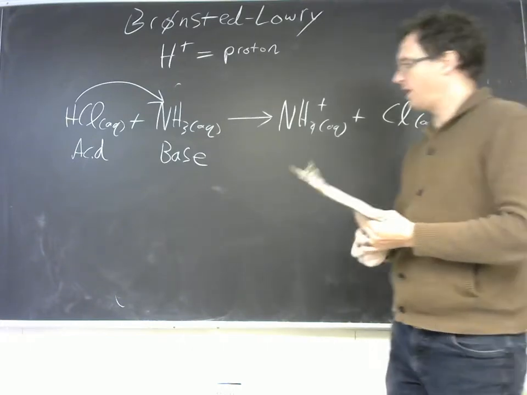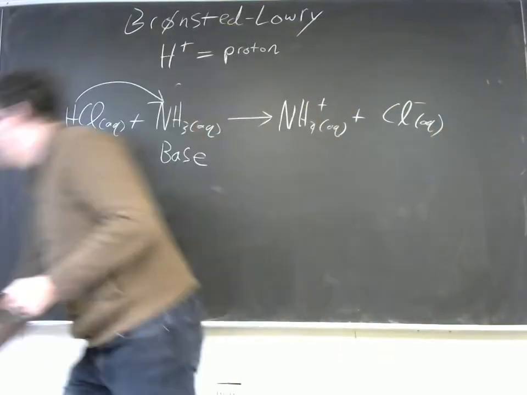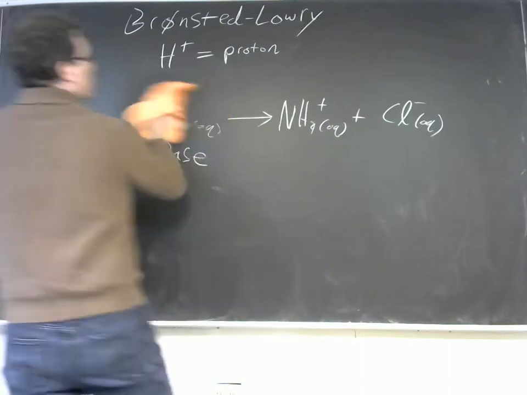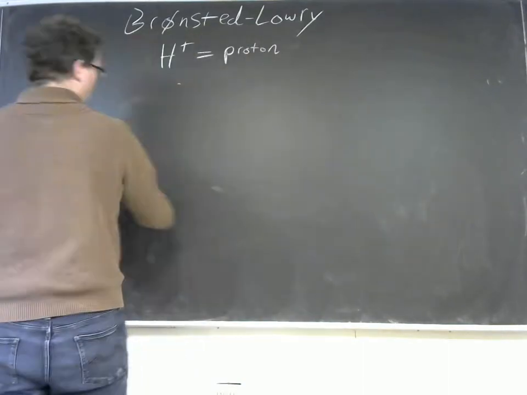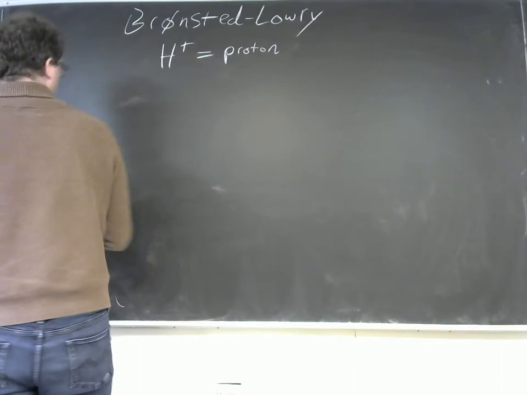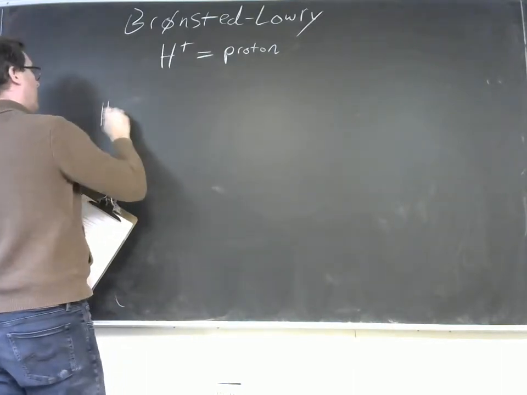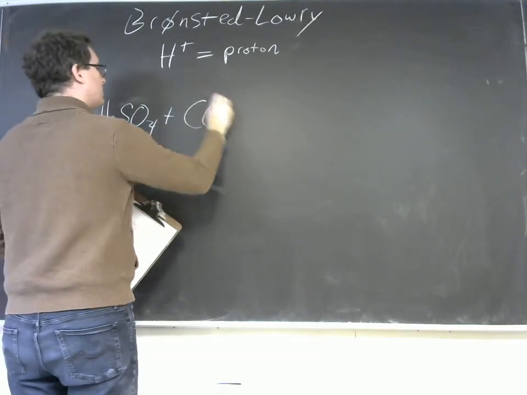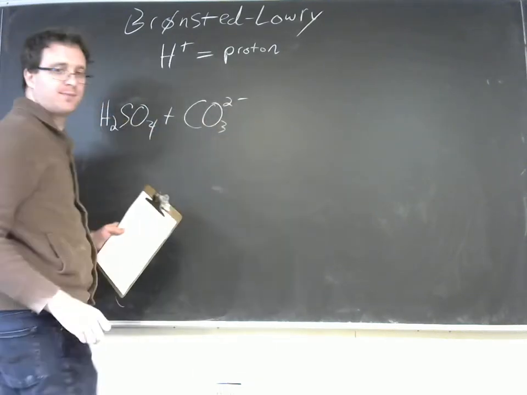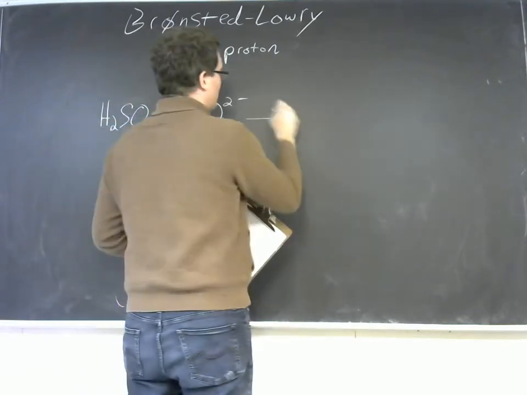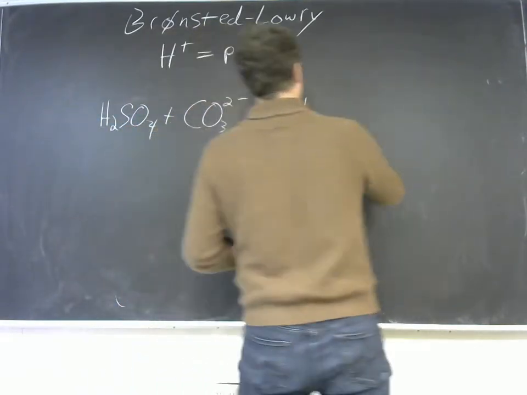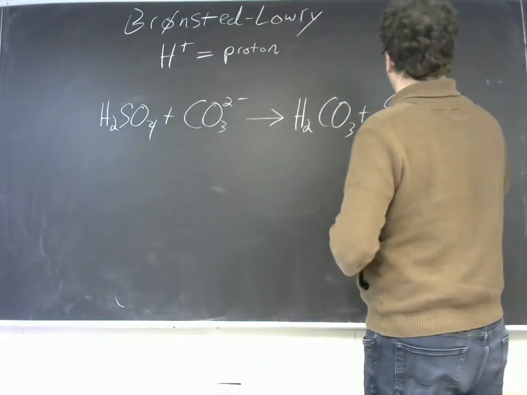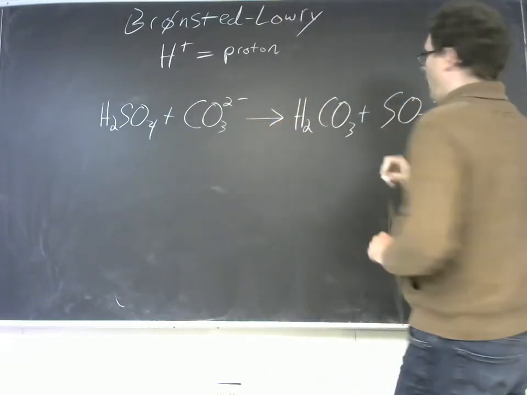So we have some acids which we call multiprotic. So if I have H2SO4 plus CO3 2-, then the product of this reaction is going to be H2CO3 plus SO4 2-.